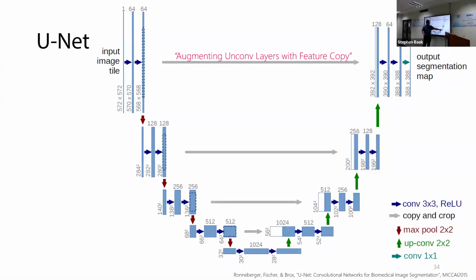And then each time we go through the up convolution, we do the concatenation, and then convolve, up convolution, concatenate, convolve, and eventually that's how you generate an output map. By having this copy operation, what U-Net achieves is a high resolution.